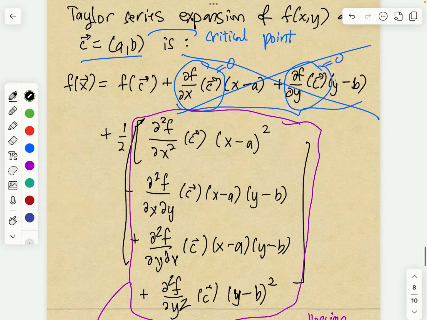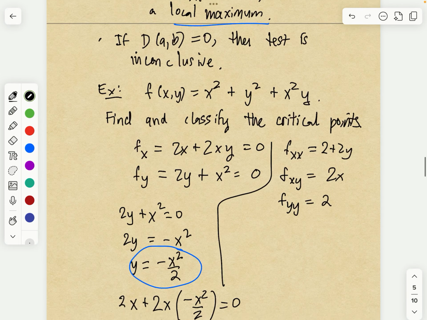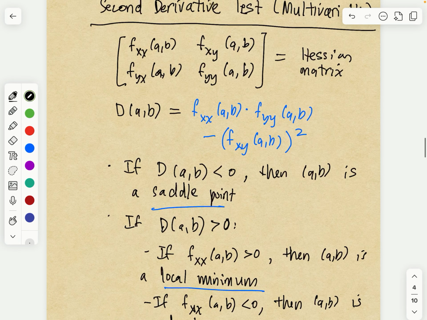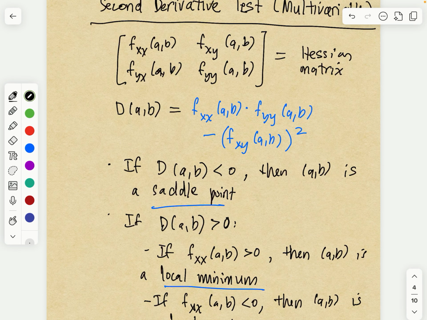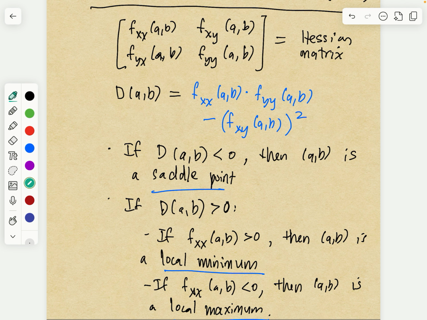And if you look at this derivative test, the determinant of this Hessian matrix is the product of the eigenvalues of this matrix.